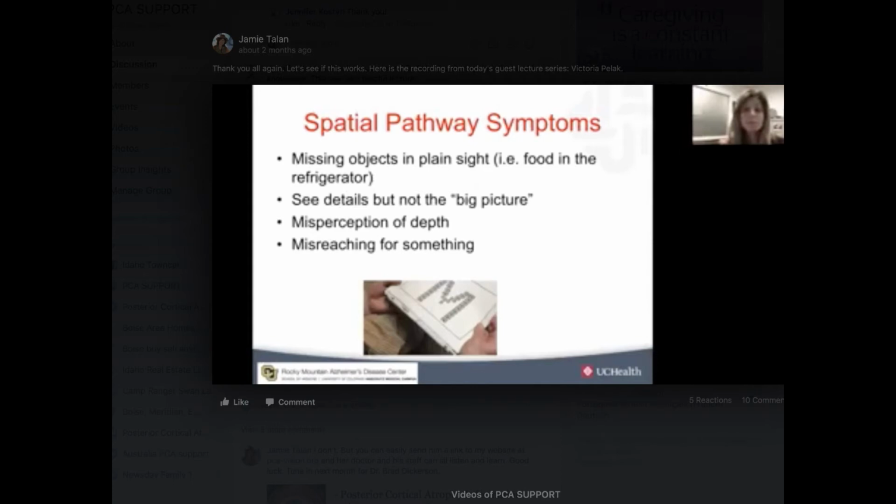There may be misperception of depth cues or loss of good depth perception, reaching out to grab an object or trying to create actions based on what you're seeing with your hands, or even in a walking pathway may be very difficult because of this spatial pathway symptomatology.